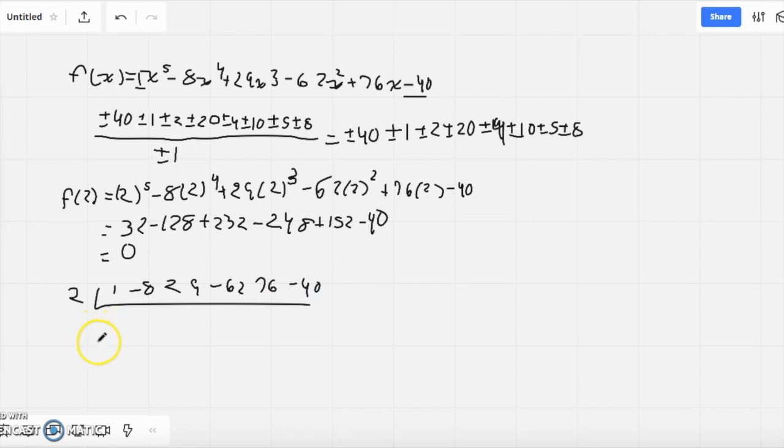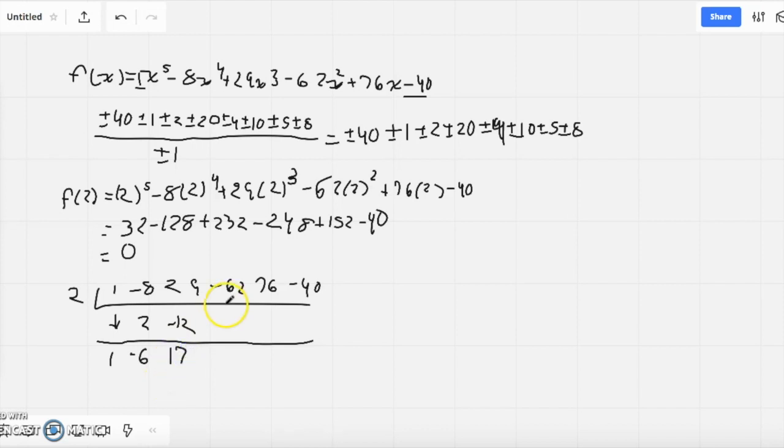Then we'd start our synthetic division. We drop the 1 first, so we'd get 1. Then we'd multiply 2 times 1, so we'd get 2. Then we'd add these two numbers together, so it'd be negative 6. Then negative 6 times 2 is negative 12. Then 29 plus negative 12 is going to be equal to 17.